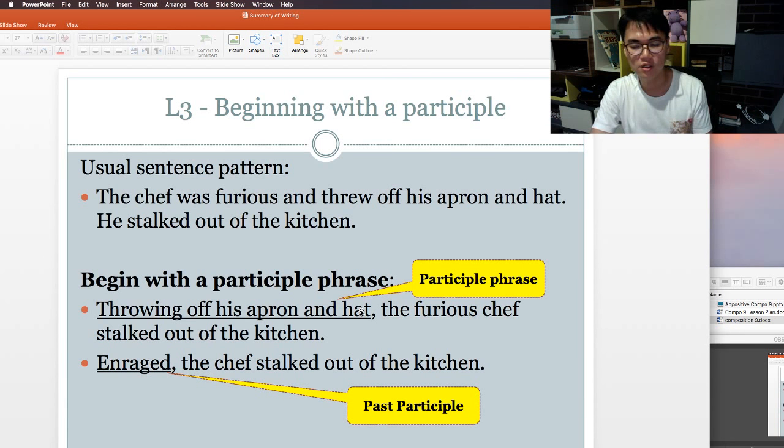I'm going to stop here for a moment and open up for questions. Does anybody have any questions? I'm going to type over here a sample of beginning with a participle.